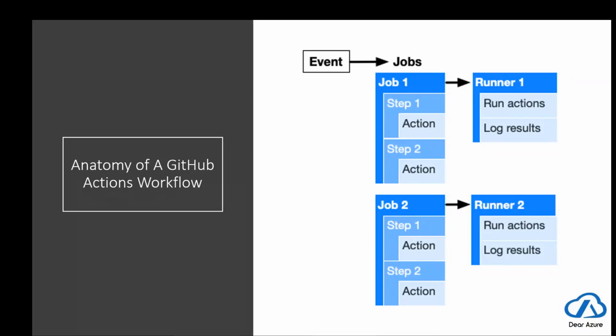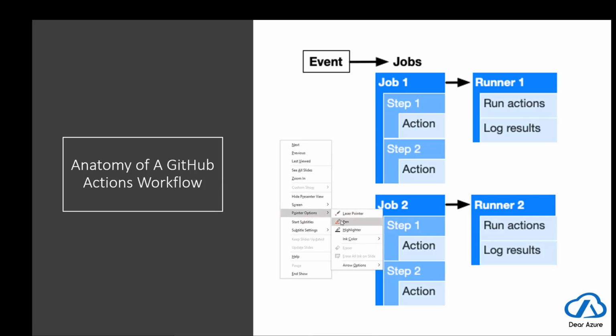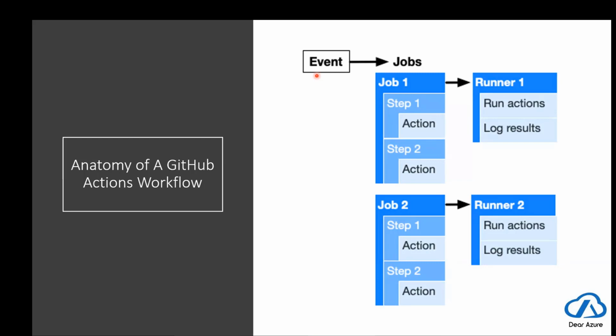Now, let's quickly look at the anatomy of a GitHub workflow, how it is structured. As I mentioned, workflows are event driven. Whenever a particular event occurs, and a workflow subscribes to that event, it triggers the workflow. Now, a workflow file contains a set of jobs.